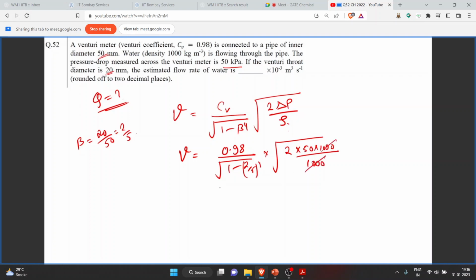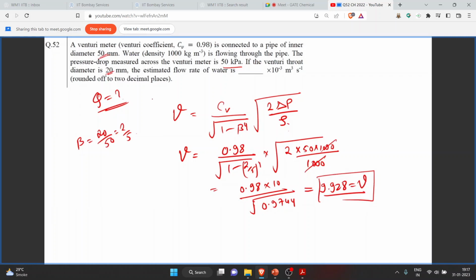This will get cancelled out and we will have 0.98 into under root of 100, which will be 10, upon the denominator, which will become 0.9744, and this will be equal to 9.928. So the average velocity is 9.928 meter per second.